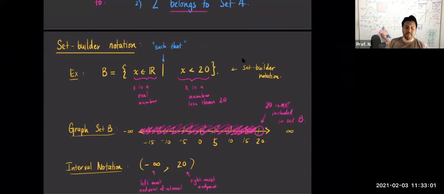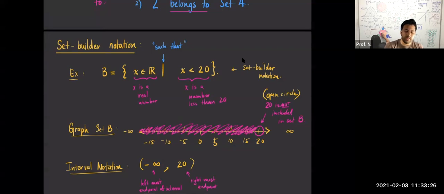So I'll give you another example where it's not an open circle, but a closed circle. Then if you see that difference, you'll see why we have to use a different notation for a closed circle. Okay, does that make sense?